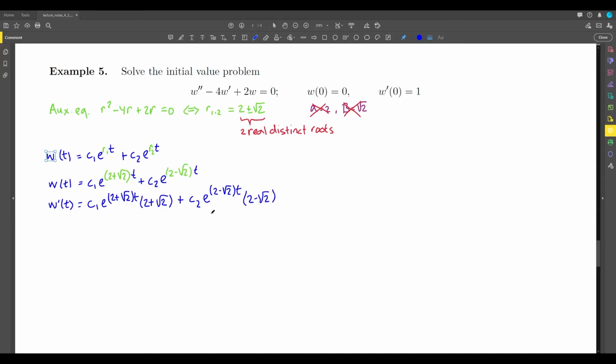So that's 2 minus square root of 2. Okay, now we're ready to take a look at the initial conditions.